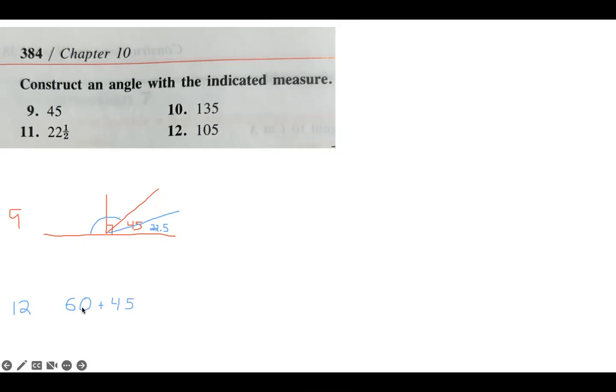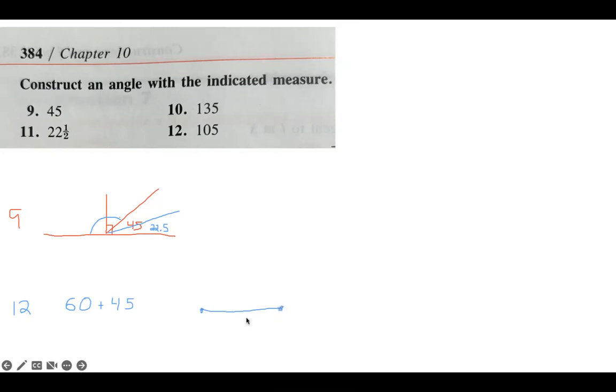Maybe there's a different way of doing it, but this is the way I can think about it. Draw a line segment. Measure it with your compass, and then don't change the distance. From the two endpoints of this line of any distance, just make sure you measure that distance.